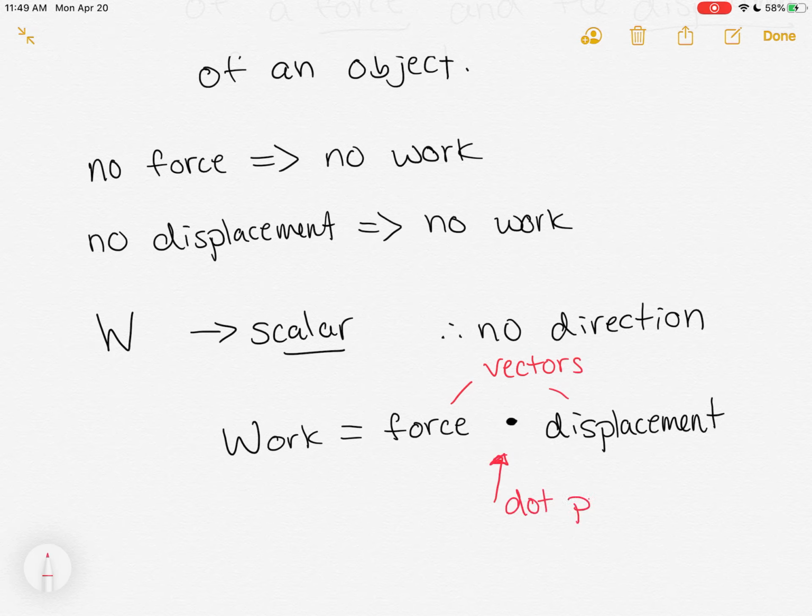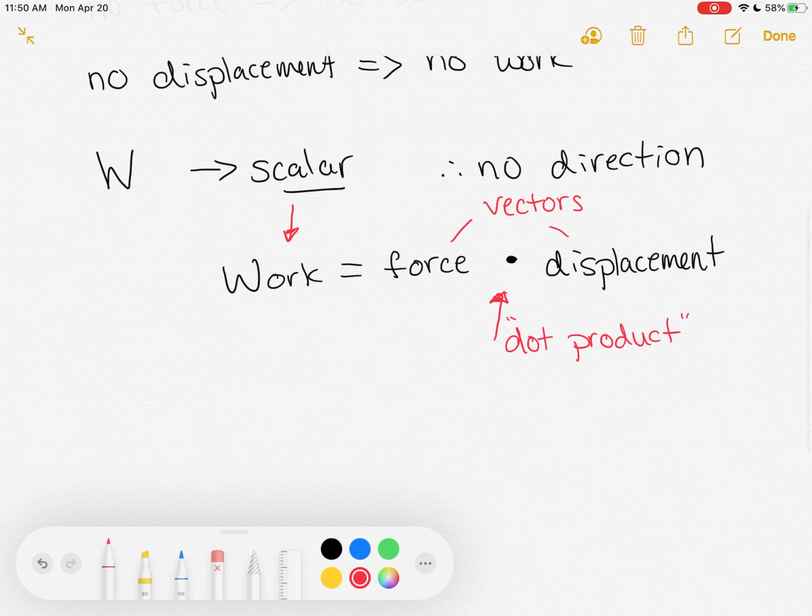So this little dot that I've drawn in the middle is something called a dot product. It's just a fancy way of saying that we're multiplying vectors, and we're going to multiply these two vectors to actually get a scalar quantity, which is work. So we are going to take our force vector times our displacement vector, and we're going to end up with a scalar quantity, and that's going to be work.